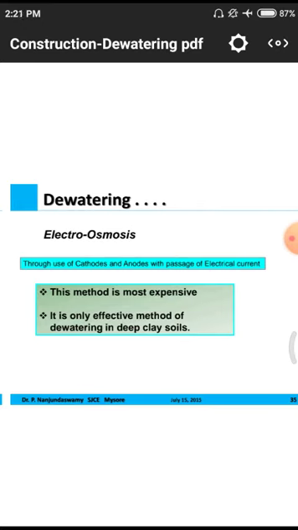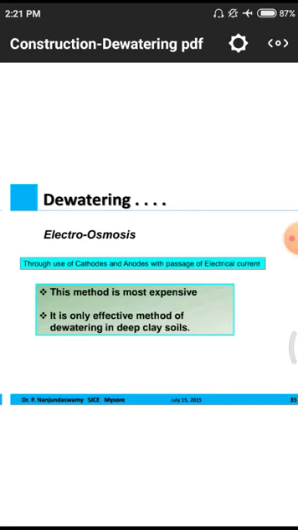After that we have the electro osmosis method. In the name itself we have the term electro, which is related to current. Next we have osmosis, which is normally related to chemistry. Osmosis and other things we studied in our primary studies like 8th class and 9th class, so this osmosis term is related to a chemical word.